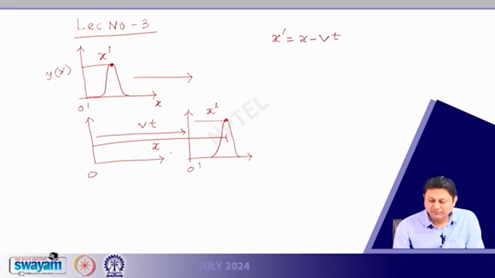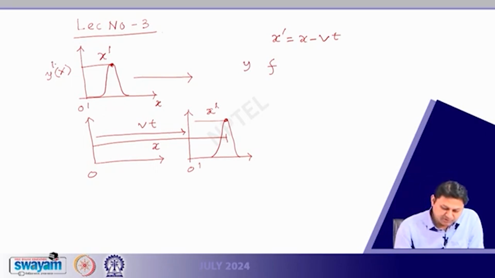If the wave is moving in the forward direction, it will be like this. If it is moving in the opposite direction, then this minus sign will be a plus sign before v. So here we have a plus sign. But the thing is, the function y prime, which was initially in the prime frame, I should write y prime.